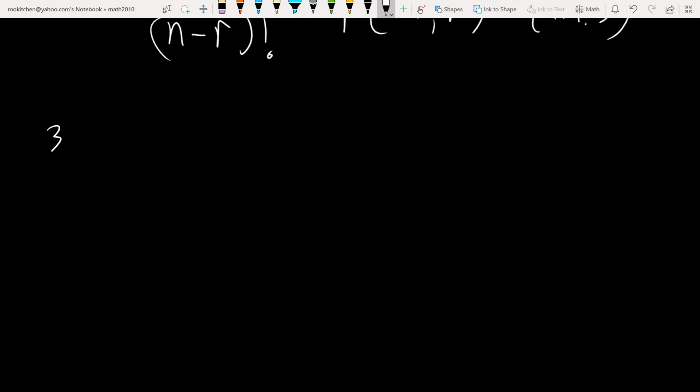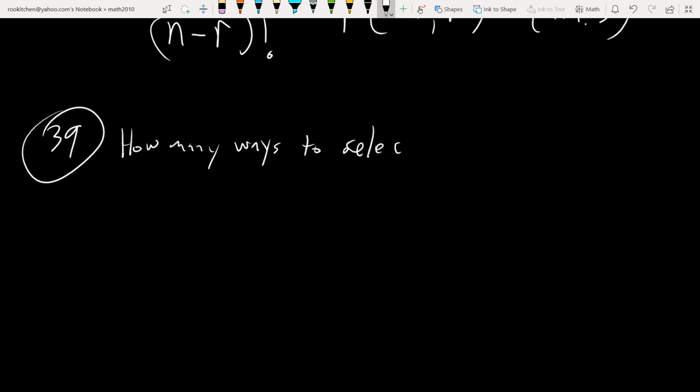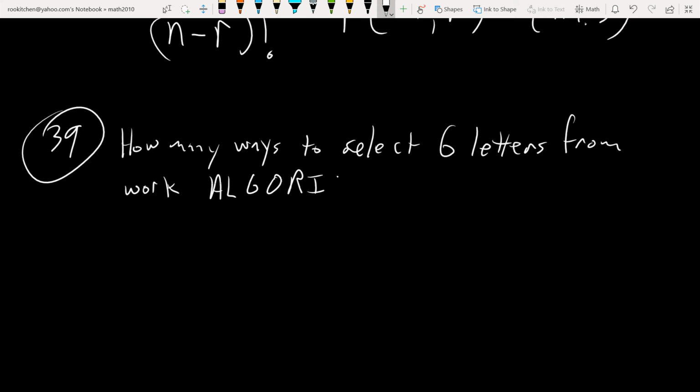So 39, very similar to the computer problem. How many ways can 6 letters of the word algorithm be selected and written in a row? From the word algorithm, and then written in a row.